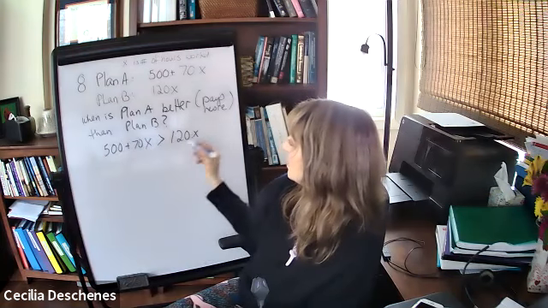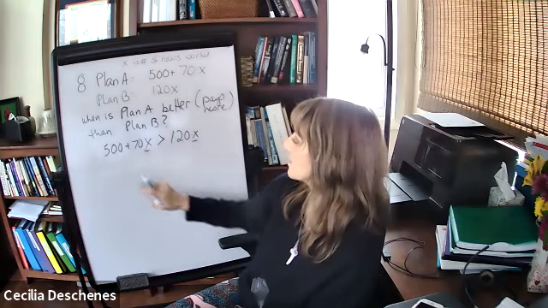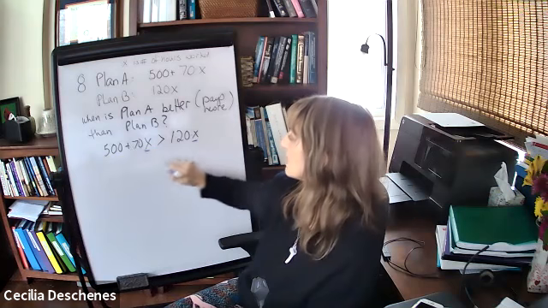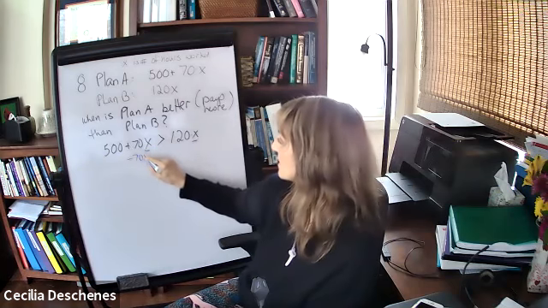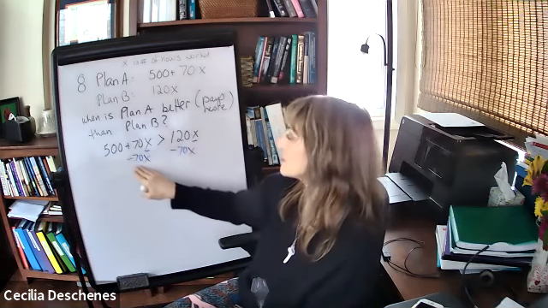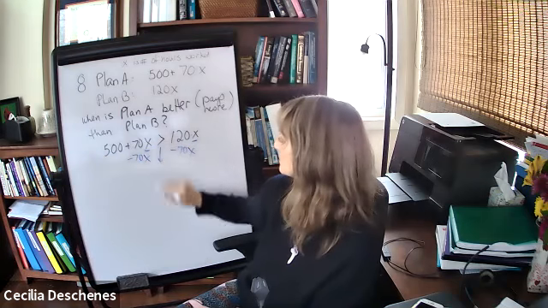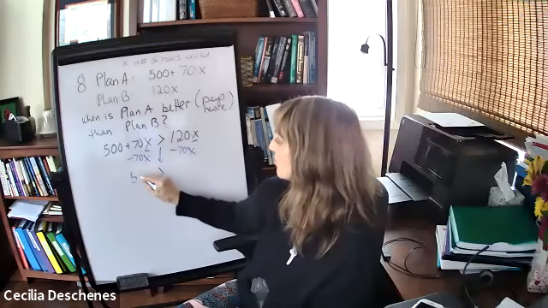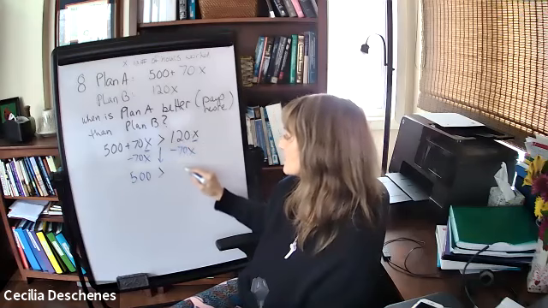Okay. Now notice, when it's a math problem, we have X on both sides. And over here we have an extra 500. So I'm going to subtract the 70X so I can group like terms on the right. So I'm going to just subtract the 70X here from both sides. And because I'm just adding or subtracting, the inequality is not going to change. So it's just going to be greater than. So on the left, I get 500 is greater than 120 minus 70X.